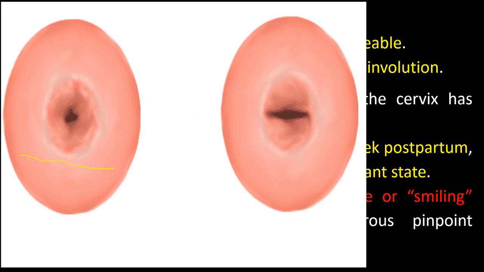But after the delivery and during the postpartum period, since the cervix has already opened to 10 centimeters, pag bumalik siya, it will already have a smiling appearance. So those are the things that you have to consider when assessing the cervix of the mother. It will not return to its normal size. It will have a smiling appearance rather than the appearance of the nulliparous cervix.